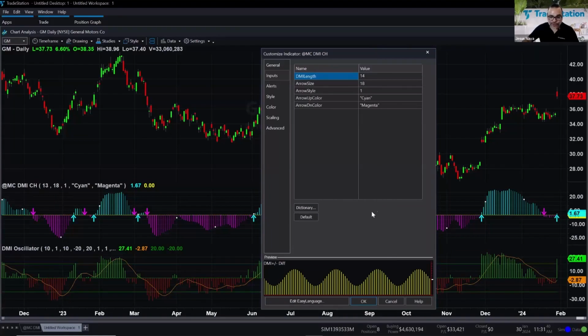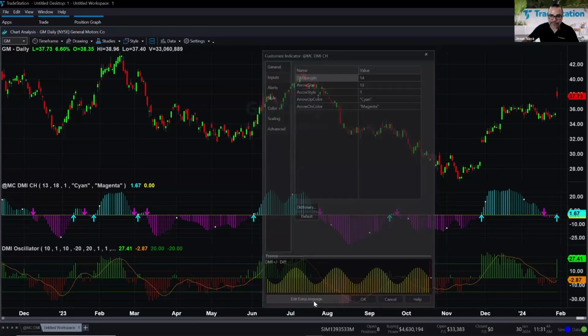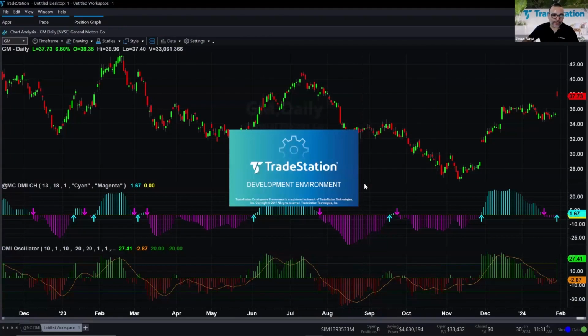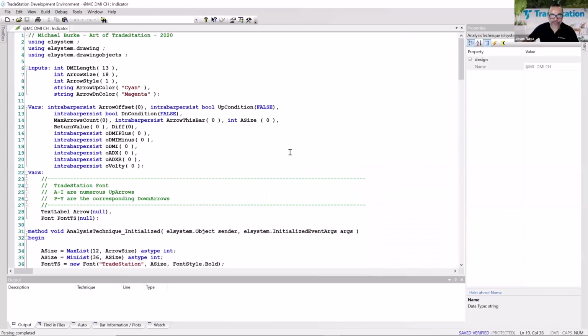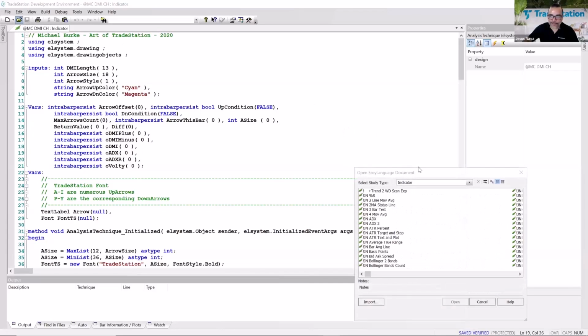But what I wanted to show you, though, is the EasyLanguage. I'm going to click on Edit EasyLanguage right here from this dialog because I want to show you how it does the DMI calculation. All right, so this is the EasyLanguage of that indicator. And I'm going to compare it to the DMI oscillator indicator that comes supplied with TradeStation. So I'm just clicking on Open.